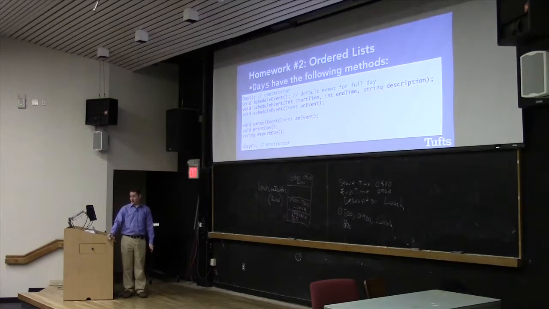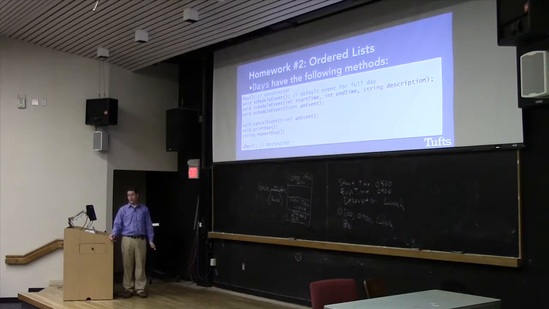Then we have the day class. Now, the day class is going to take a bunch of events and keep them in this ordered list. So the ordered list is where the day class comes into play. Day class is going to have actually 4 different functions, or 4 different methods. It's going to have a schedule event method. Now notice it's got 3 different varieties. This is exactly like constructors.